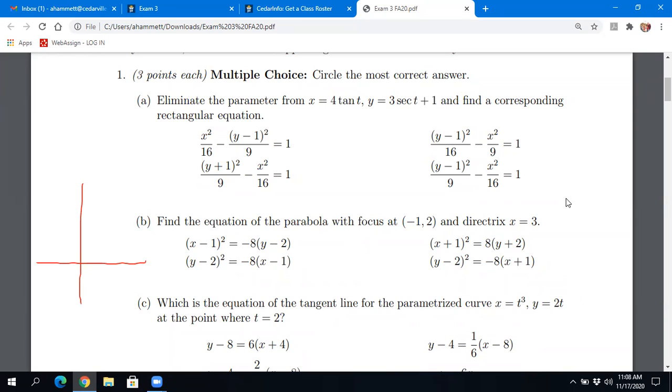The focus is -1, 2. So here's the focus. The directrix is x equal to 3, which is a vertical line, yes? That tells us that the vertex of this parabola is going to be the point that's halfway between those two things. The vertex of this thing is going to be the point 1, 2, okay?